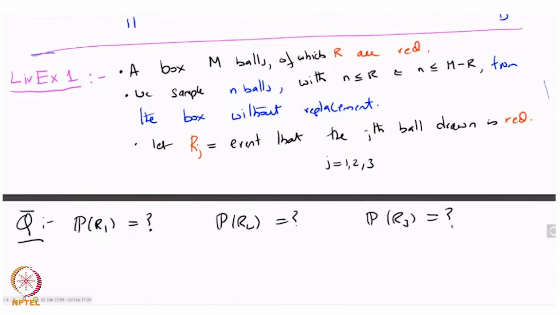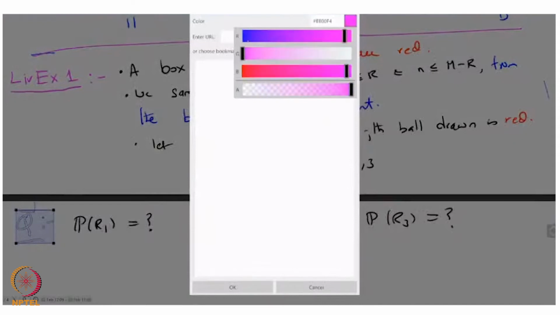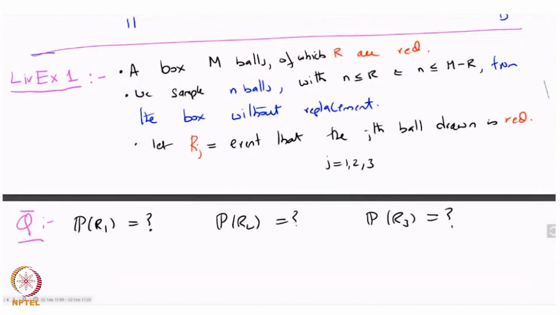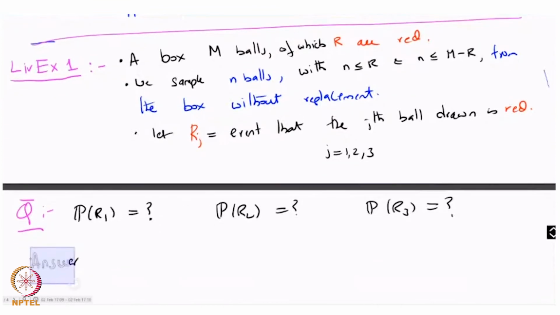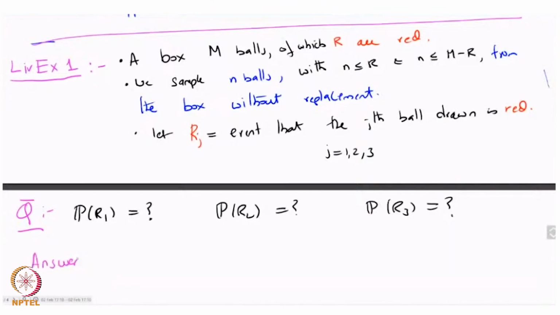Let me change the color. So what is the probability of R1? R1 means I'm picking a red ball. I want to pick a red ball.